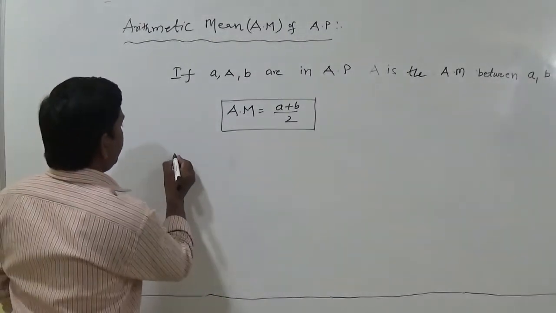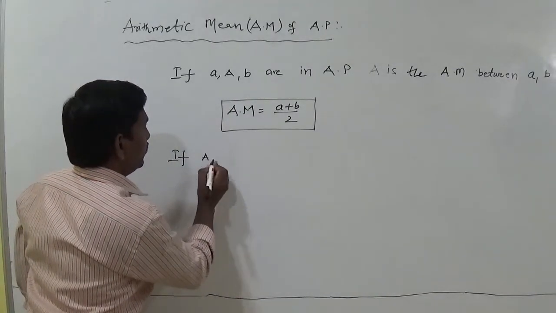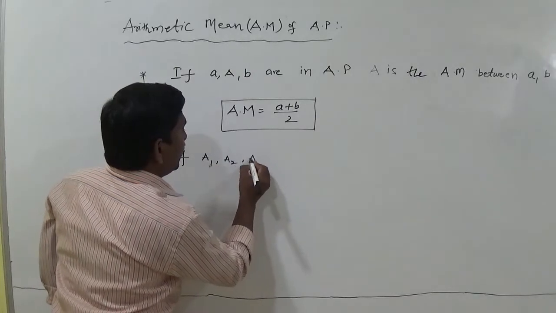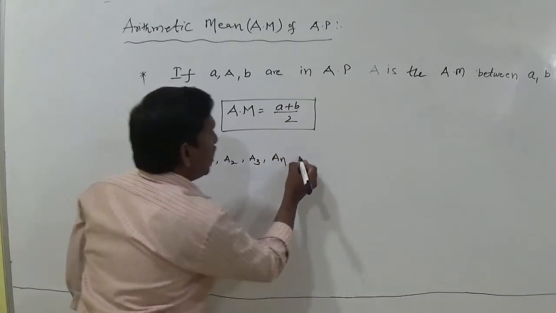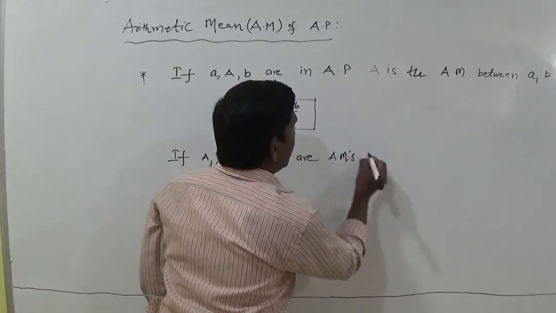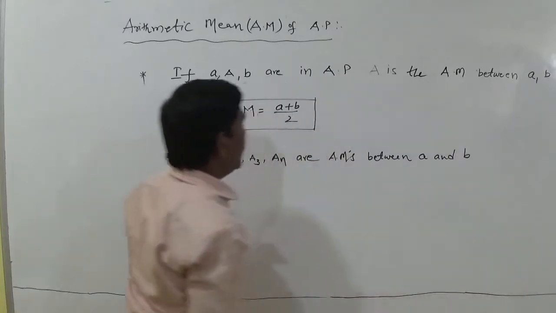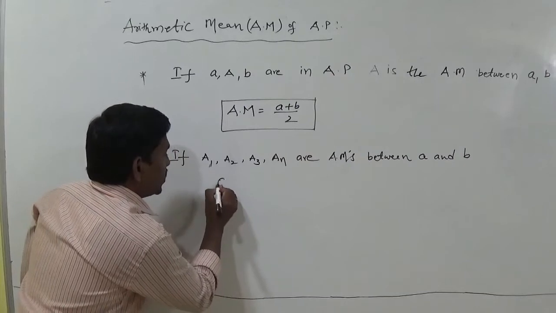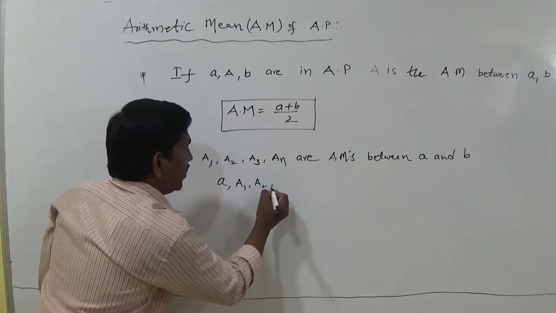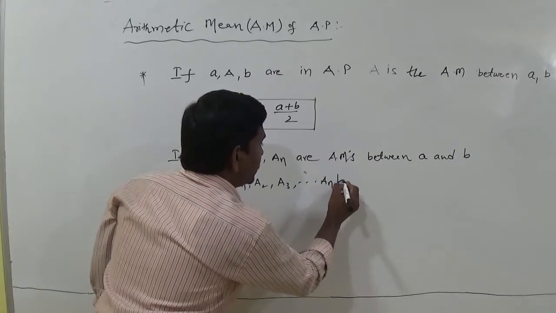And if A1, A2, A3, ..., An are the AMs between a and b, you can show that like: a, A1, A2, A3, and so on, An, and b.